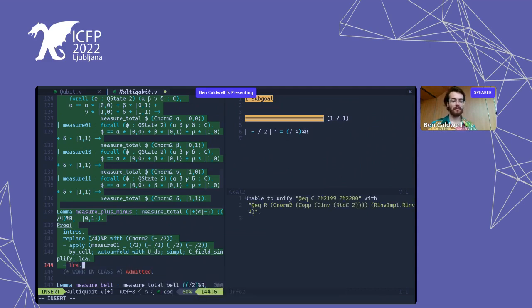Here we don't need by cell, but the auto unfold with UDB didn't do anything. What does field simplified do? I think you need to unfold C norms.